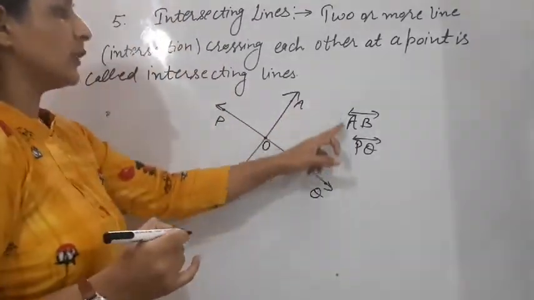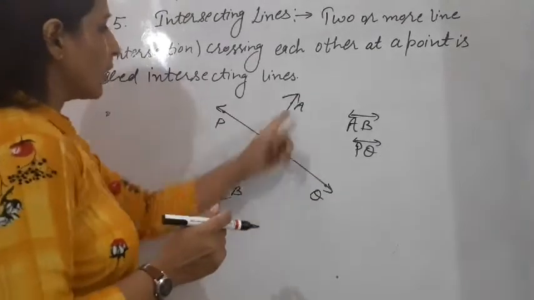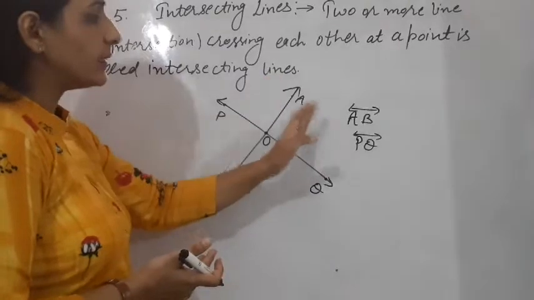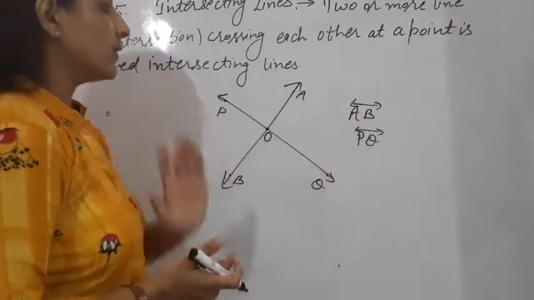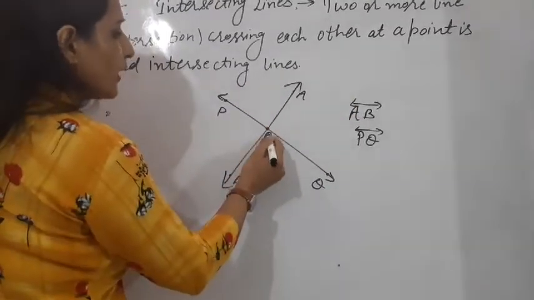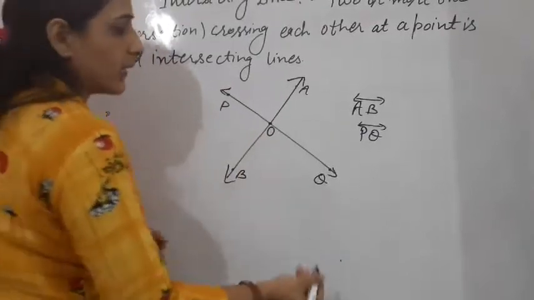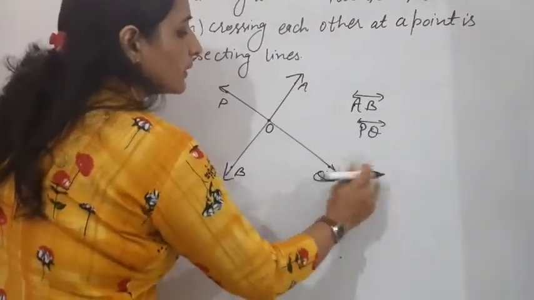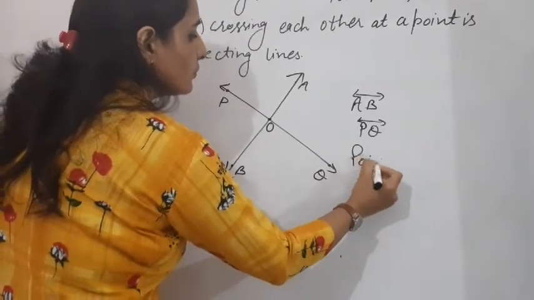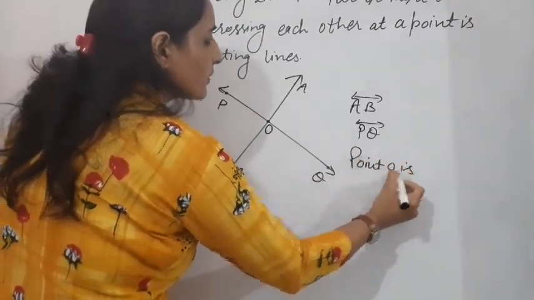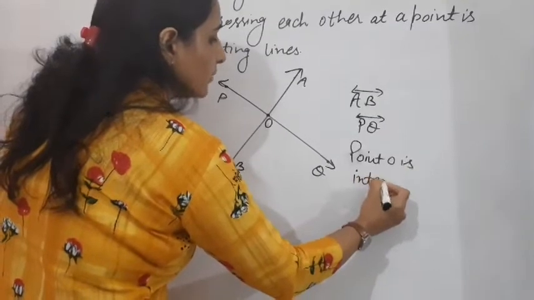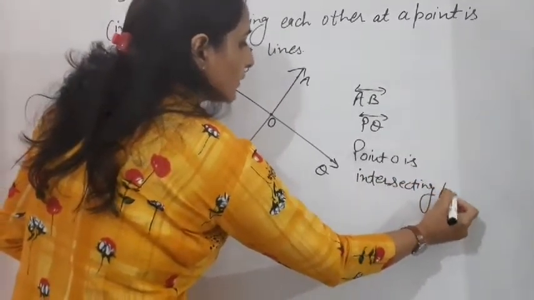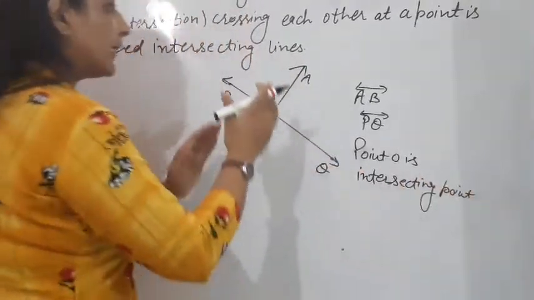These are the two lines which are crossing each other, so these lines are called intersecting lines. And point O is the intersecting point. Clear all of you?